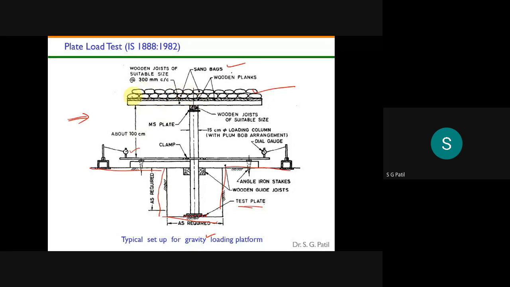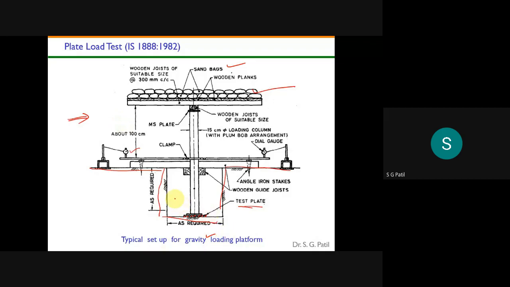There may be some accident during this kind of loading situation, because this kind of loading always carries some risk. People have to take readings here in the pit. Some engineers will always be working here, and if it fails, everything will fall on whoever is working inside the pit. So a little bit of risk is involved in this kind of gravity loading platform.